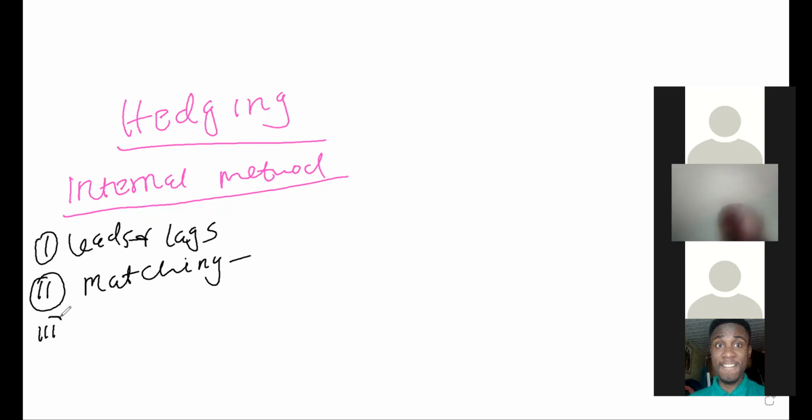Someone else to give us the third one. We talked of 5 internal methods. There's leads and lags, there's matching. Another one. Another internal method that a company can use to hedge against exchange rate exposure.